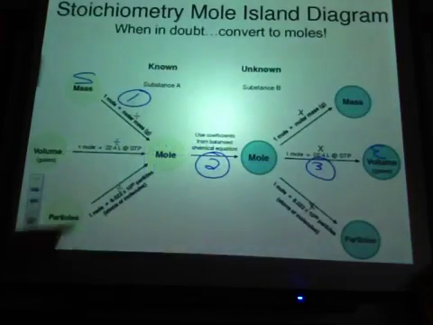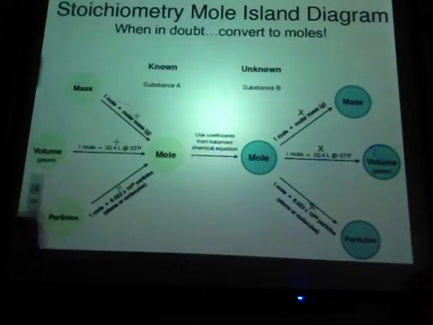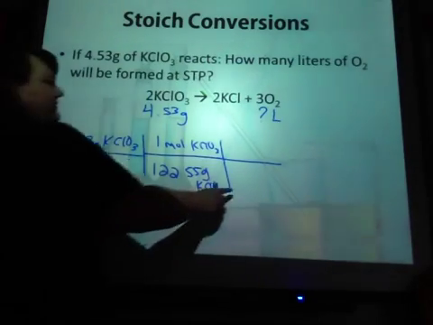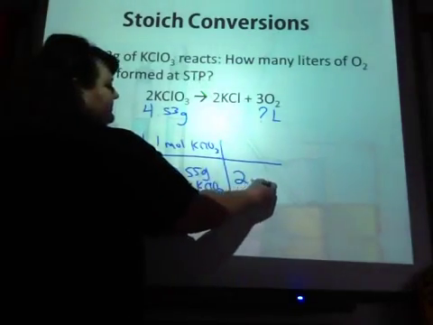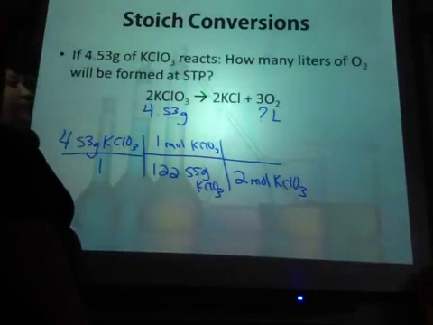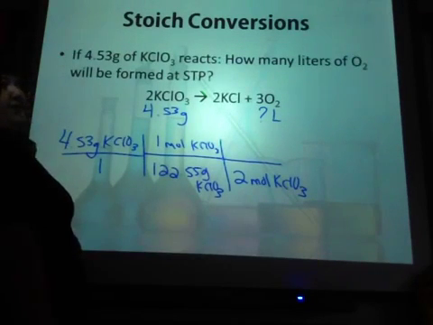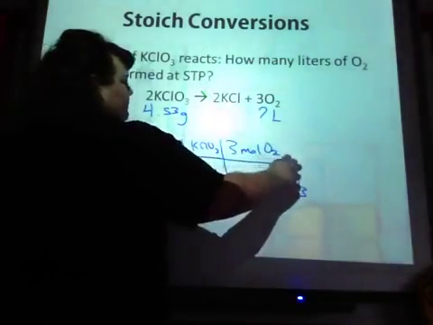Okay, so now we're at moles. We need to use our coefficients in our next step. So Robert, what would we put on bottom? Yep, so we're in KClO3, so we need to put 2 moles KClO3 on the bottom. And what would go on top? Yep, 3 moles of O2. So our mole ratio.